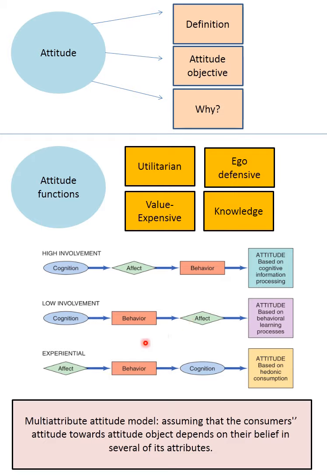After taking the action, he starts to feel about the product or service. That's number 2, the low involvement. Number 3 is experiential, which starts from affect, behavior, and cognition. So this kind of customer starts by feeling first about the product.